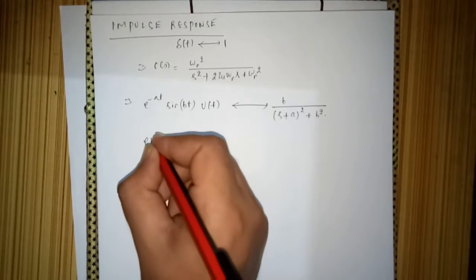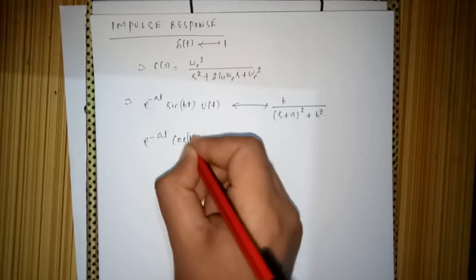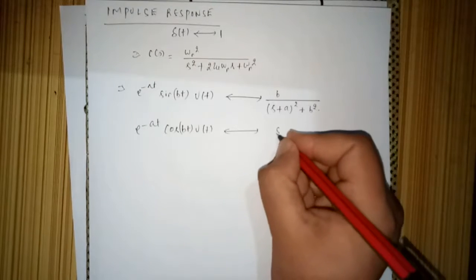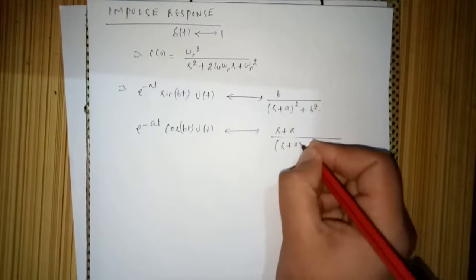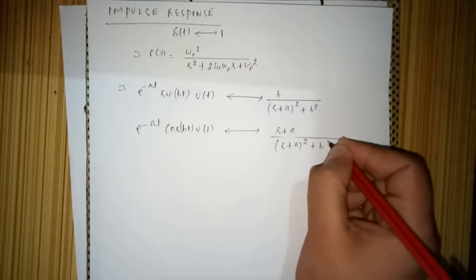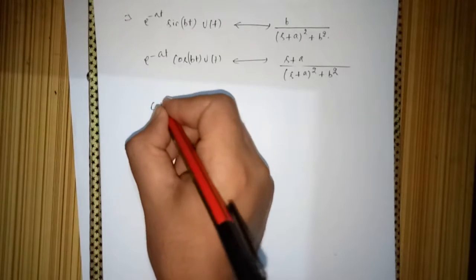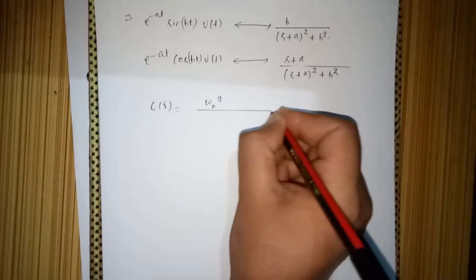And the second formula is: e to the power minus at cos bt ut has its Laplace transform as (s plus a) over (s plus a) square plus b square, right? Now I try to manipulate this. I get omega n square.